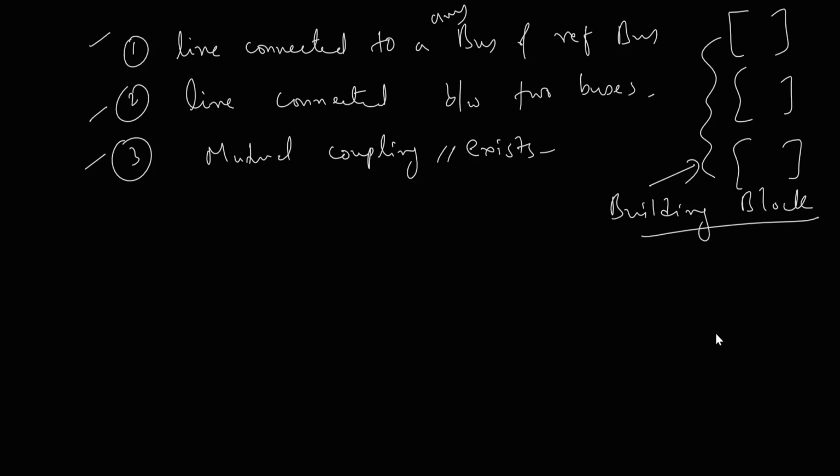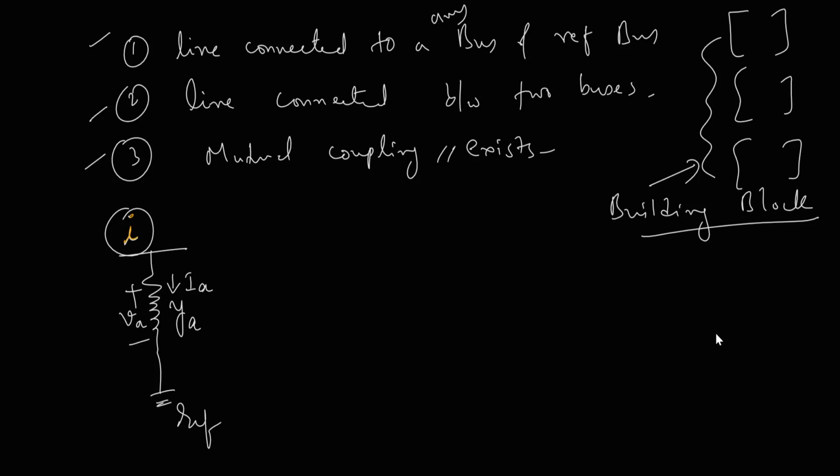Now first let us take a line connected between a bus I and the reference. Let it have a primitive admittance of YA, a branch current IA flowing through it, and a branch voltage drop VA.